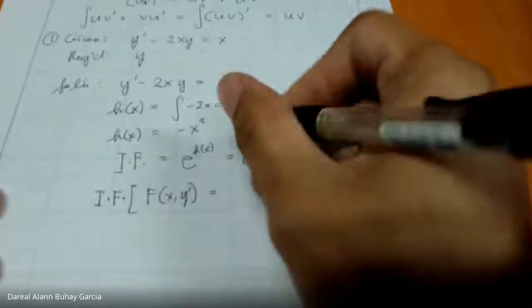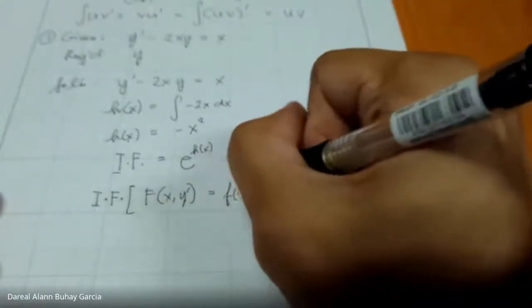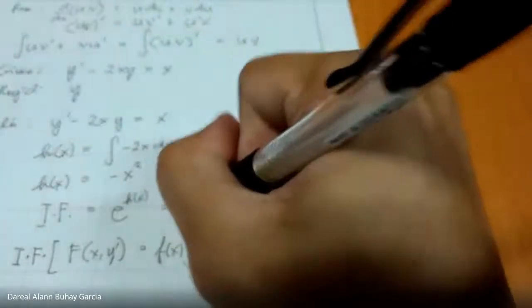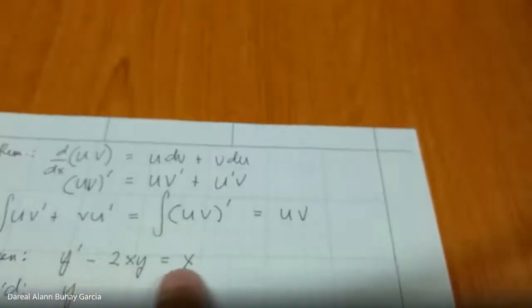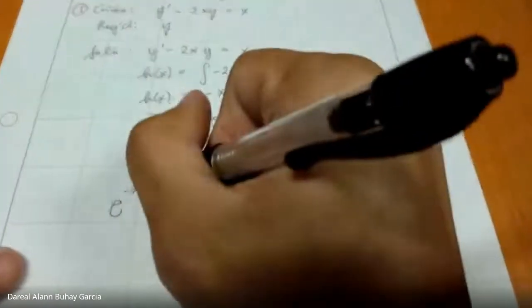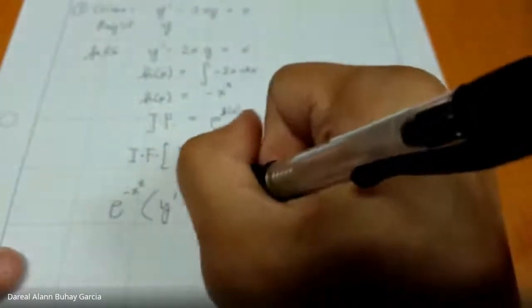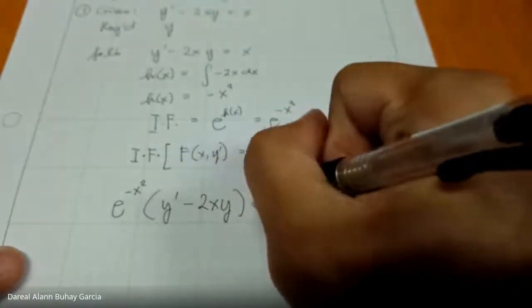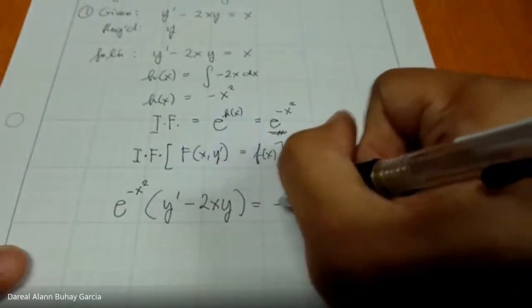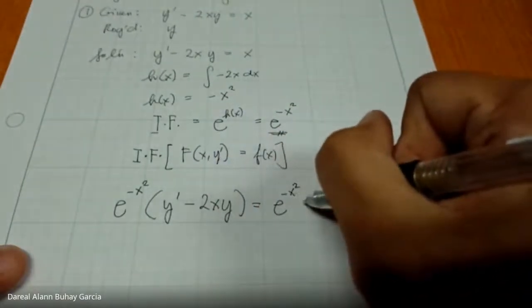So this becomes e to the power of negative x squared times the given y prime minus 2x y is equal to e to the power of negative x squared times x.